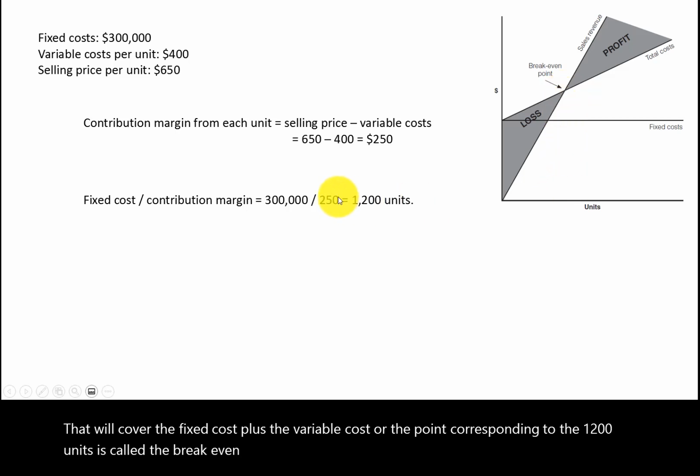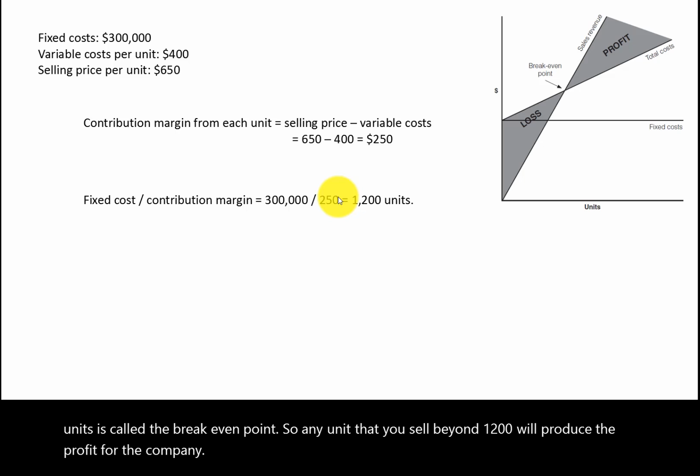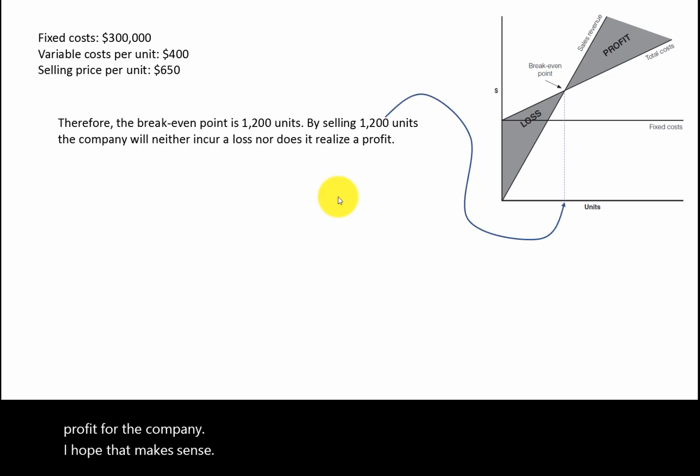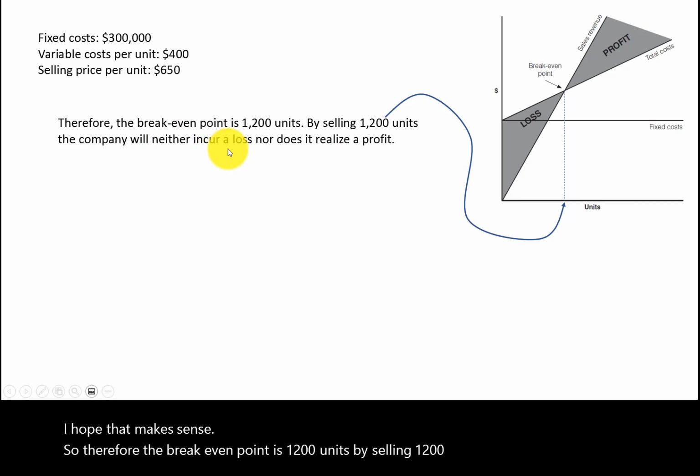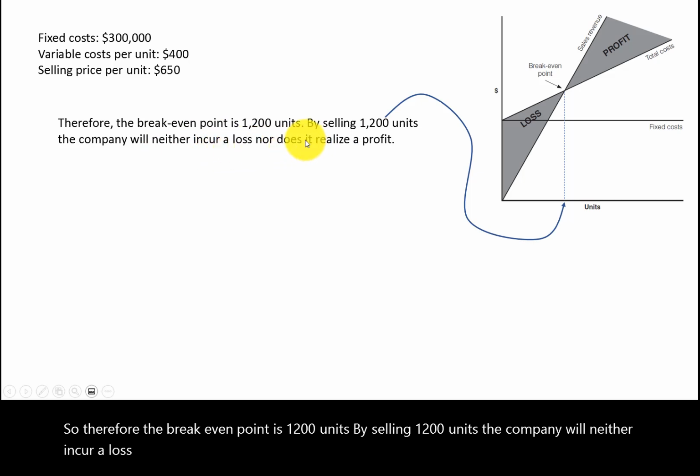Any unit that you sell beyond 1,200 will produce profit for the company. I hope that makes sense. So the break-even point is 1,200 units. By selling 1,200 units, the company will neither incur a loss nor realize a profit. Any unit on top of that will create a profit of $250.